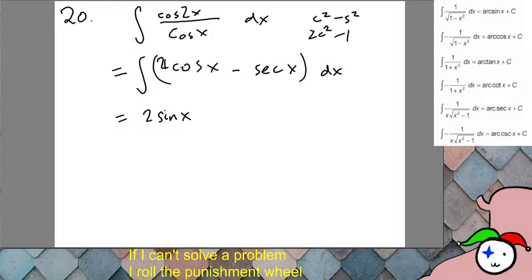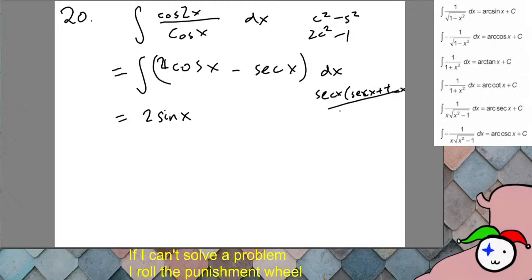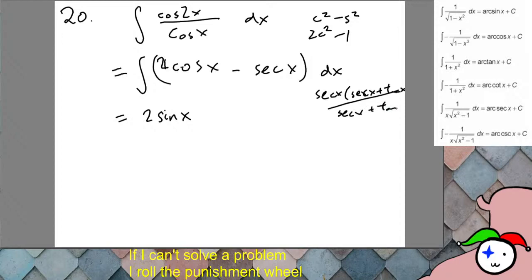It was that thing where you multiply by secant of x plus tan x over secant of x plus tan x, which gives you secant squared, which is the derivative of secant x plus tan x. So it's just a natural log of secant x plus tan x.